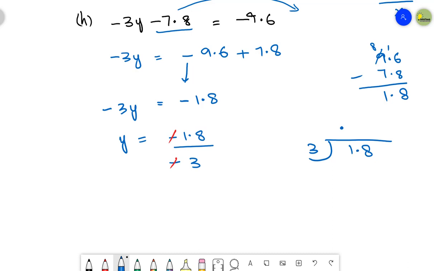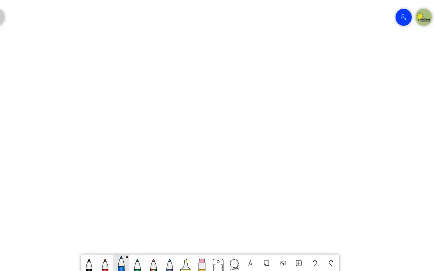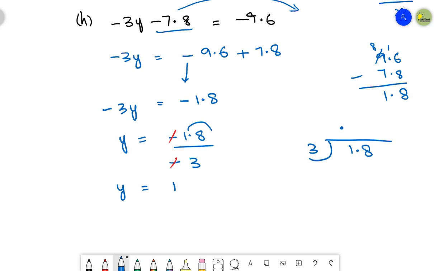Okay, we can do one thing. We can make this value 18 and this value 30. How we can do that? It's a very simple thing that if you have a decimal number in the numerator, you can shift the decimal point to the end of the number. You can make it an integer. 1.8 can become an integer by moving this decimal point at the end of the number.